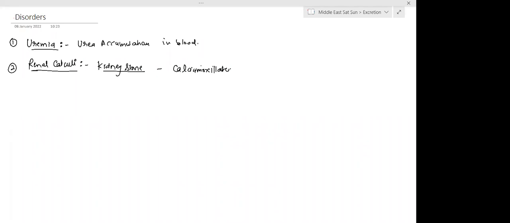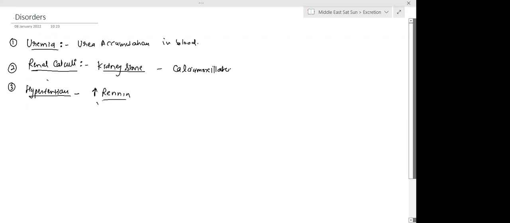And next is hypertension. Third one is hypertension. Secretion of a large amount of renin.